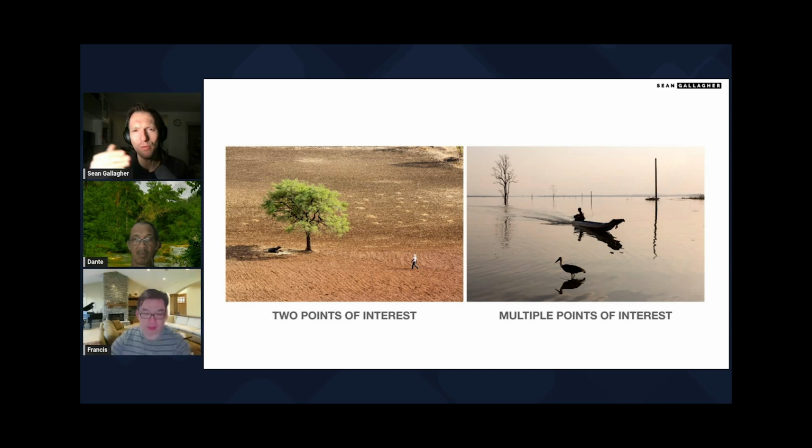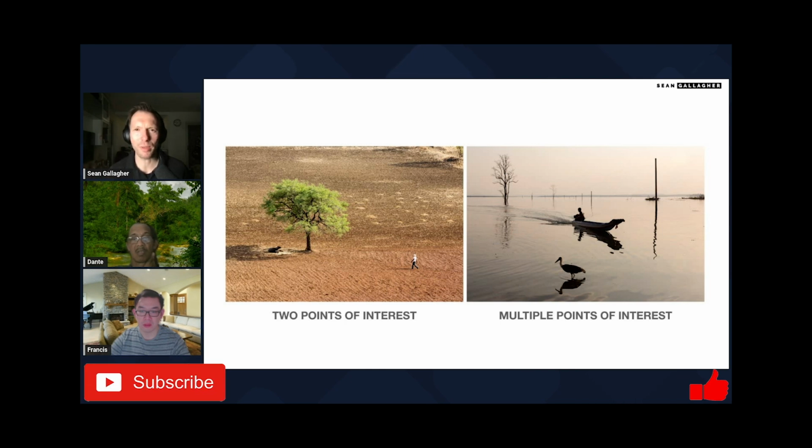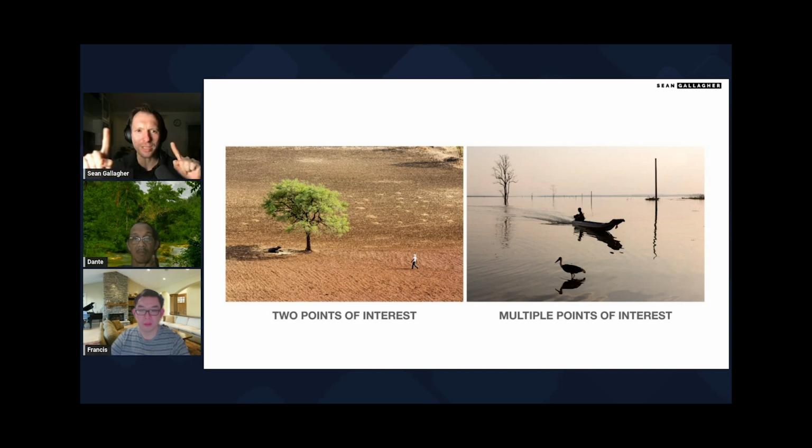And if you can move beyond two points of interest within your frame, then you can start to think about using multiple points of interest, like in the image on the right-hand side. We touched upon this by mentioning Alex Webb's work. Of course, this starts to get more and more difficult the more elements that you bring into a frame. But if you're able to capture multiple points of interest, like in this image on the right, which I took in Cambodia, then you can create a really interesting composition where you're balancing multiple different things across the frame.